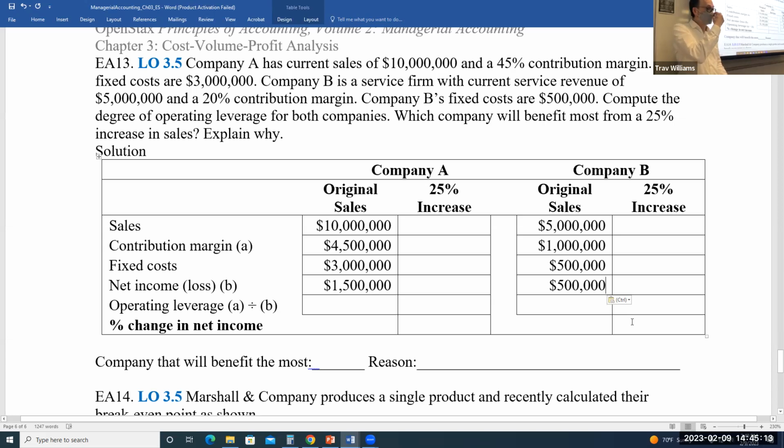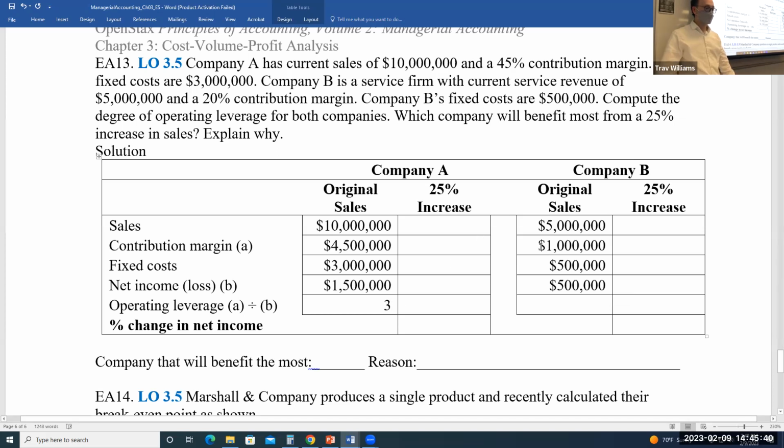Pretty easy so far, right? Okay. Let's see, then we could look at what their operating leverage is. Contribution margin divided by net income. We take 4.5 million divided by 1.5 million, we get 3.